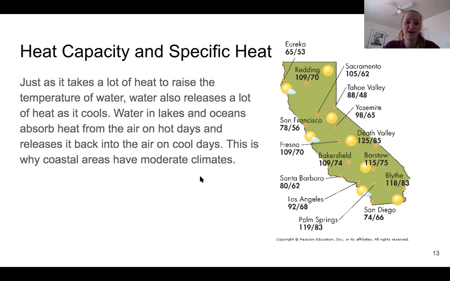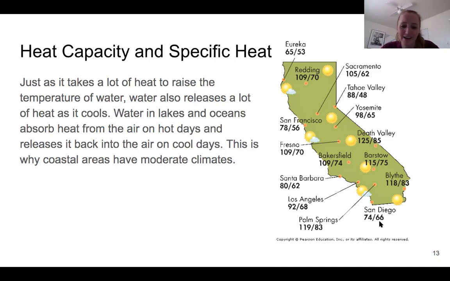If you live by a lake or an ocean, it releases that heat it absorbed back into the air when nighttime comes. This is why areas by the coast have more moderate climates. If we look at this image of California, San Diego has highs of 74 and a low of 66.